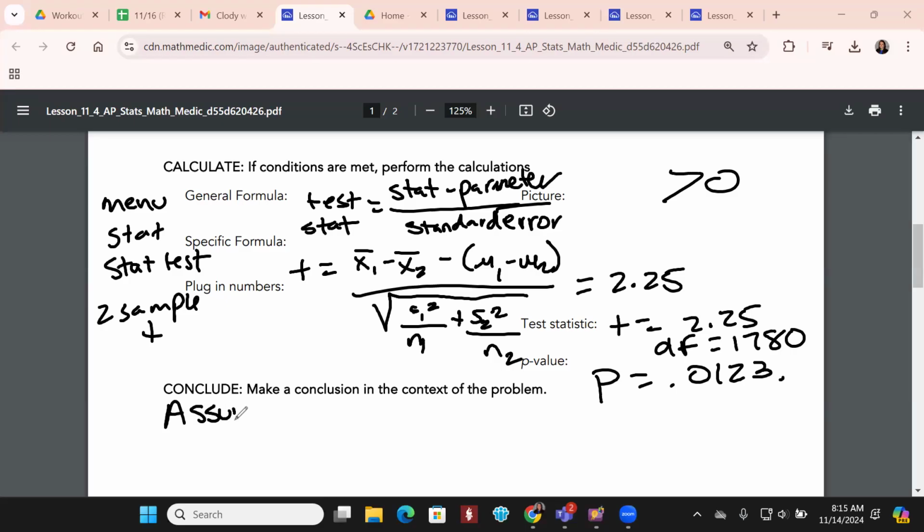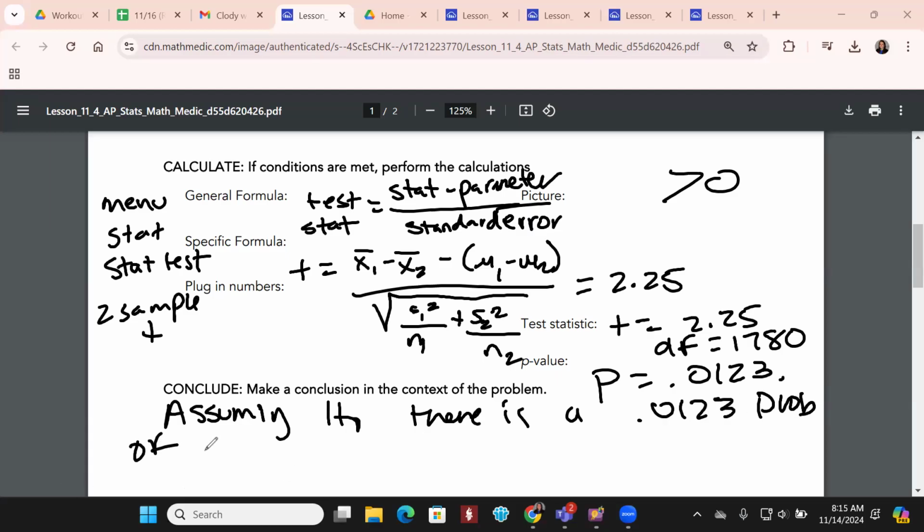Conclusion. Assuming the null, there is a 0.0123 probability of getting x1 minus x2 of 1.4 or greater, purely by chance.